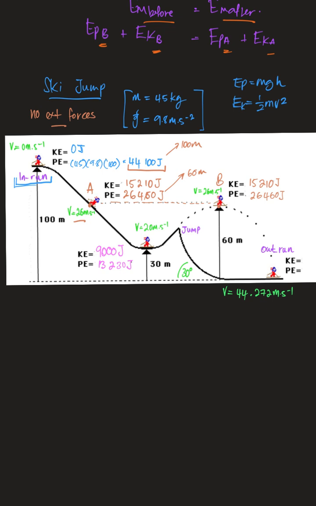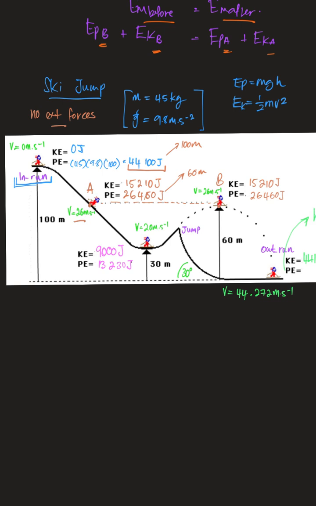So what I've got to do now is I've got to work out the kinetic energy. So the kinetic energy will be 0.5 multiplied by 45 times 44.272 squared. And that's going to give me 44,100.22 joules. My potential energy, because now at this point, my height is equal to 0.